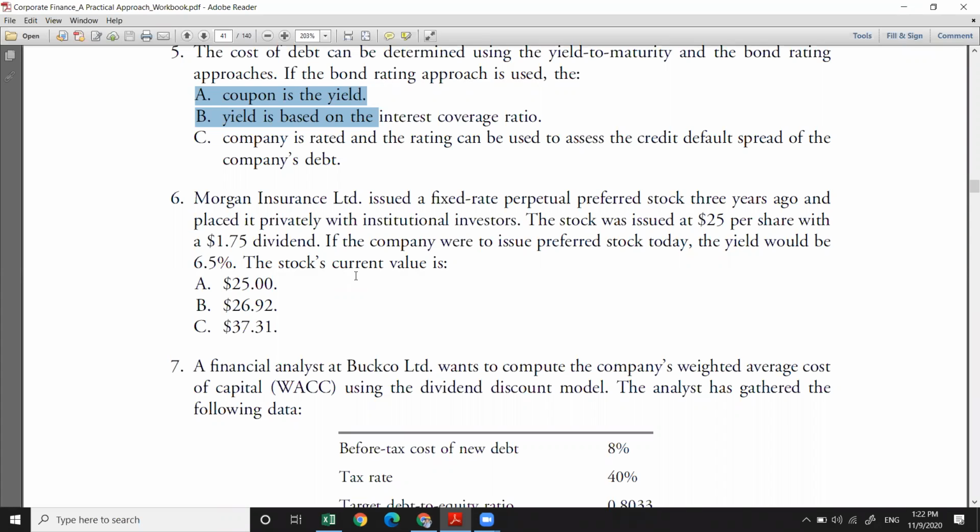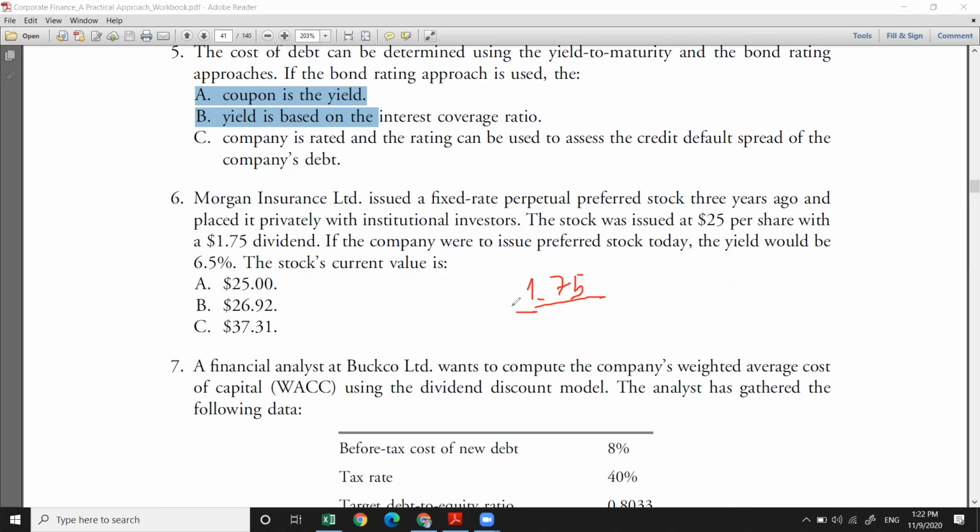in order to find the price of the preferred stock, if it's a perpetuity, it is dividend divided by rate. So the yield is given, which is 6.5%, and the dividend 1.75. So what you do in here is 1.75 divided by rate.